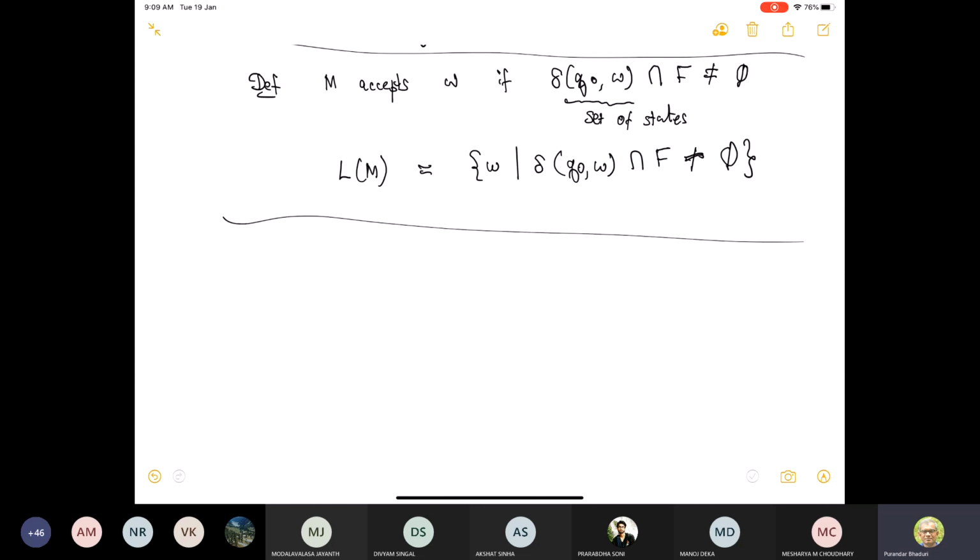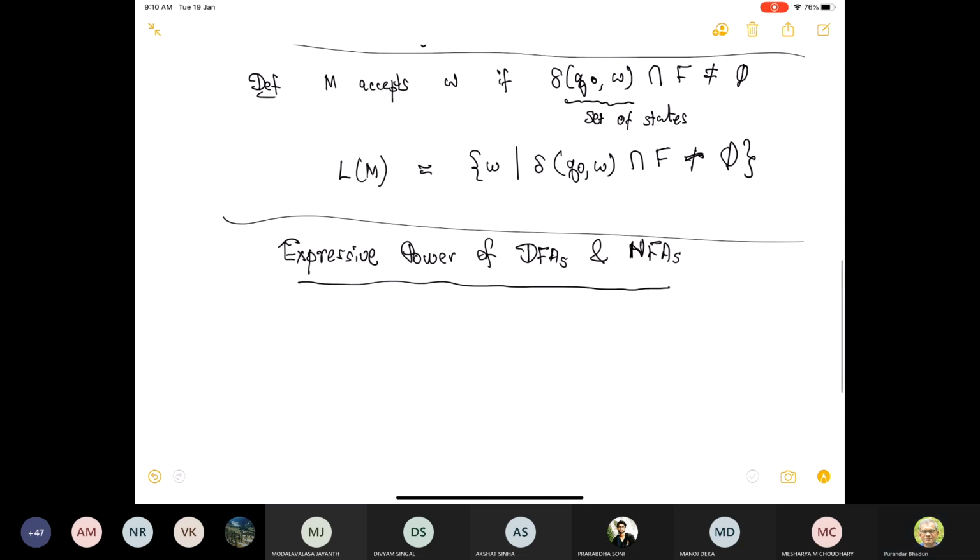We want to compare the expressive power of DFAs and NFAs.